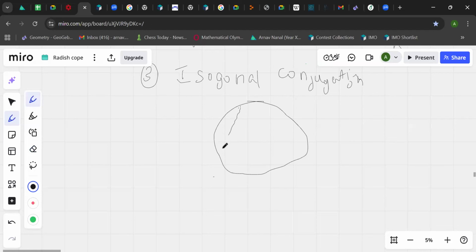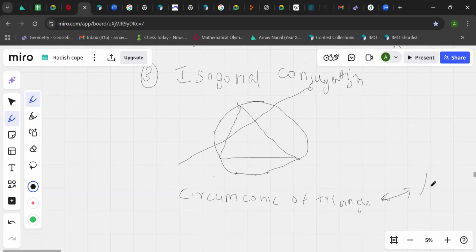Where did the conic come from then? Yeah, so if you have a circumconic of a triangle, by which I mean it passes through all three vertices, and you take the isogonal conjugates of all these points, they will lie on some line.